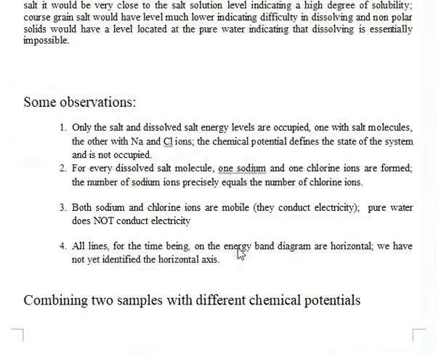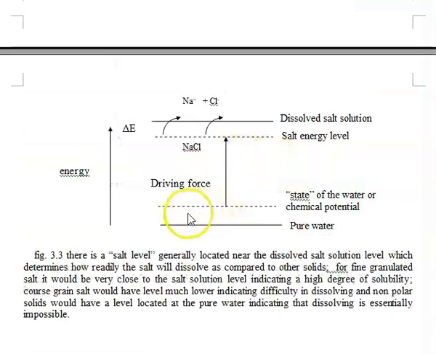Okay, some observations. Only the salt and dissolved salt energy levels are occupied. There's no salt here. The occupation of the salt is either here or here. If it dissolves, it jumps up from this level to this level.